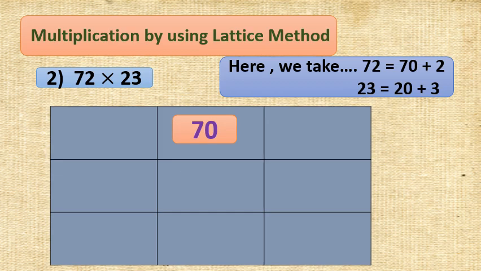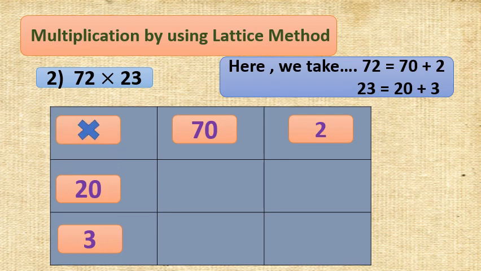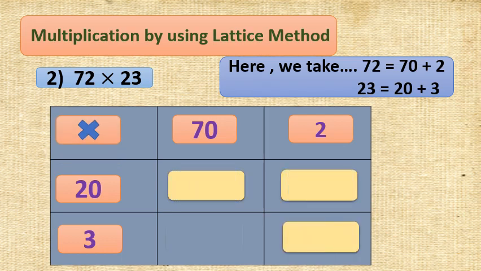So here we will write 70 and 2, here 20 and 3, and the multiplication sign. Now you know, correct? What to do now? We will multiply 20 by 2, that is 2 2s are 4 and 0, that is 40. Now 20 multiplied by 70, that is 2 7s are 14, correct? And 2 more zeros.